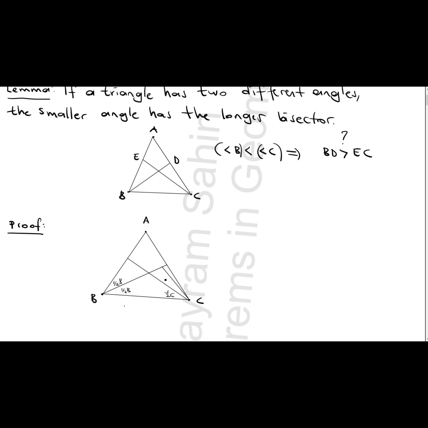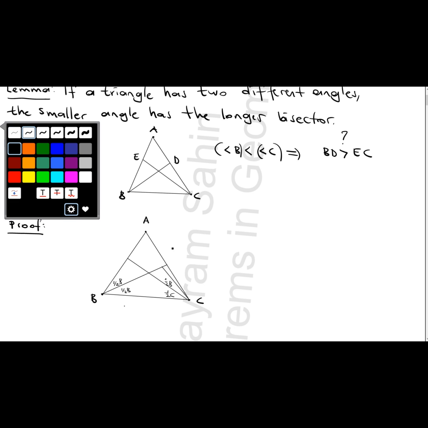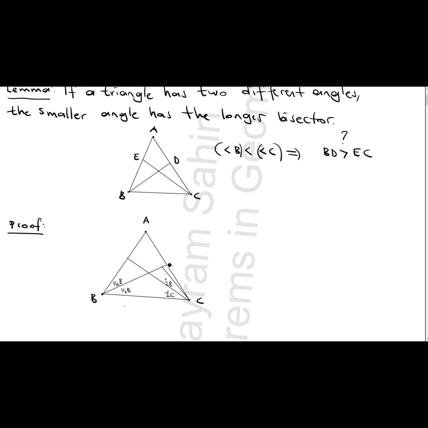This part we can say will be 1/2 B, because the angle C is bigger than B. Now let me put here F, on the bisector BD, where this point was E.